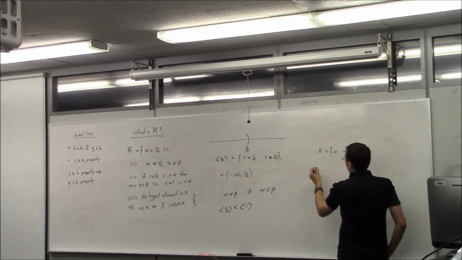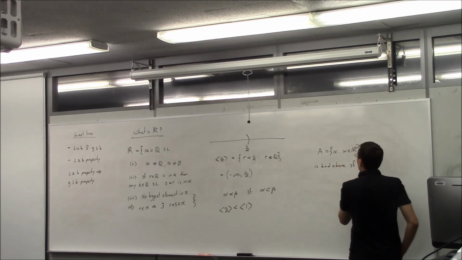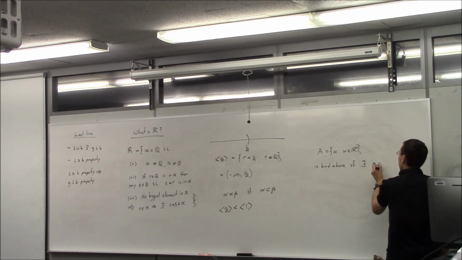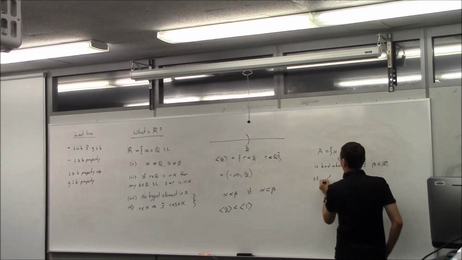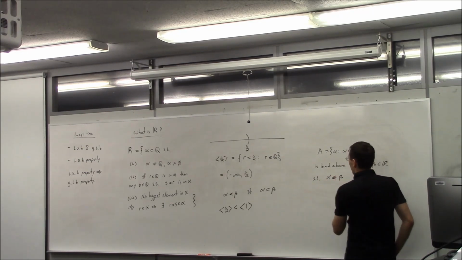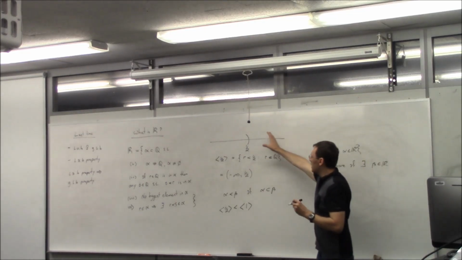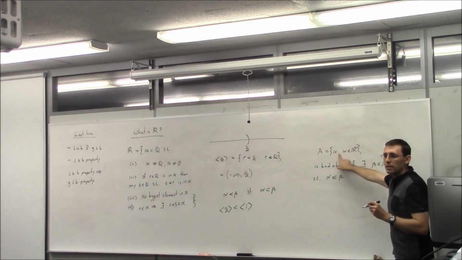And it's bounded above if there exists a beta such that all the alphas are smaller or equal to beta. In other words, all of them are subsets. If there exists a half-open ray that is bigger than all the half-open rays contained in it.